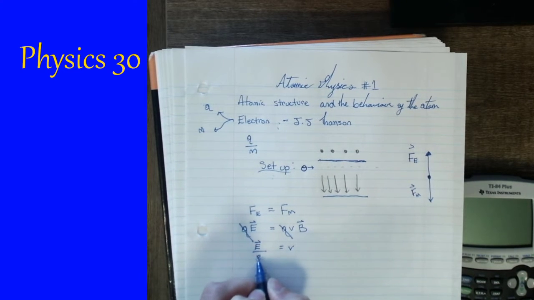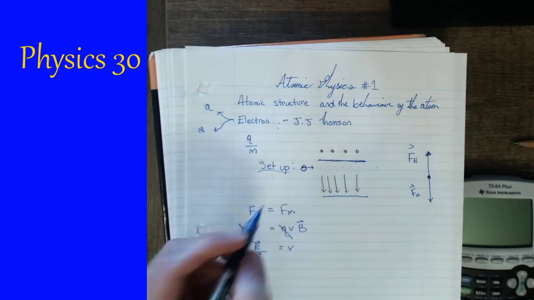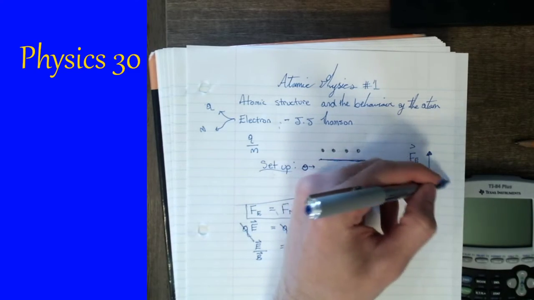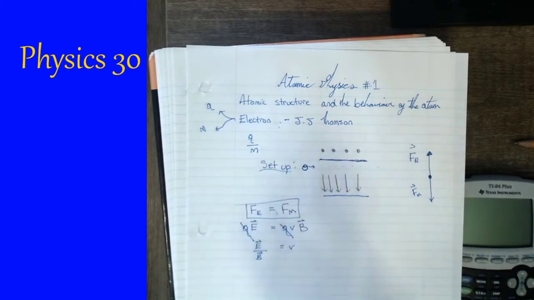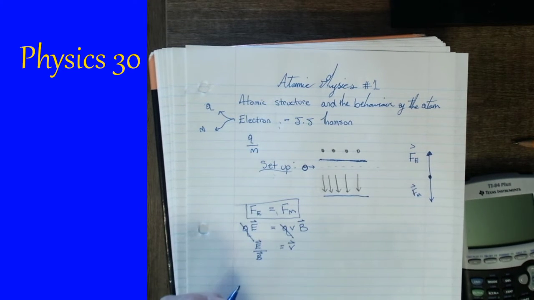The speed of the electrons through these fields should be the ratio of the electric field strength divided by the magnetic field strength, so long as the electron doesn't get influenced more by one than the other. So it has to be that the forces are equal, which means there's no field that beats out the other. So we can figure out the speed.